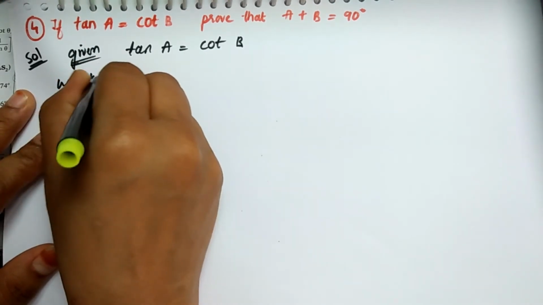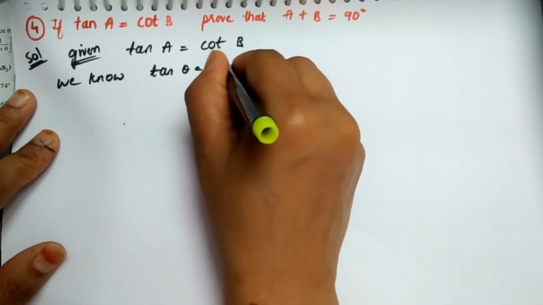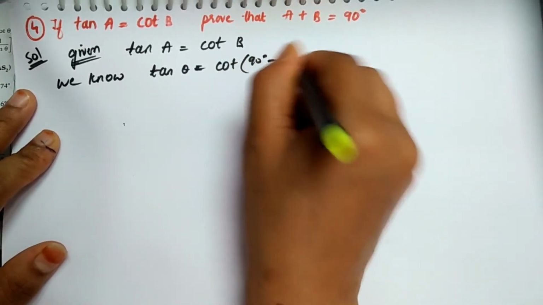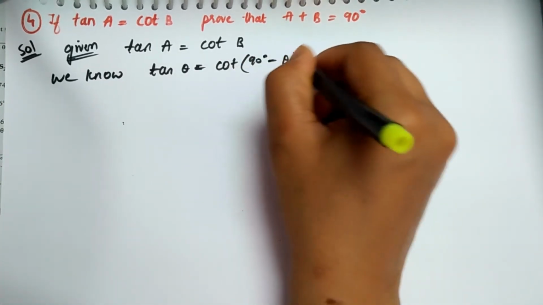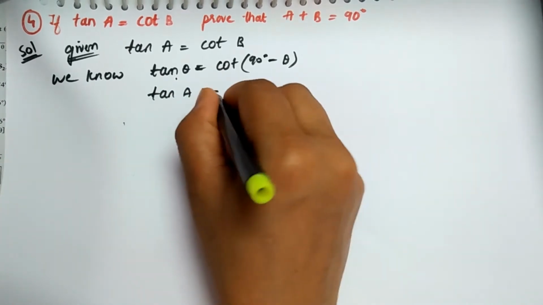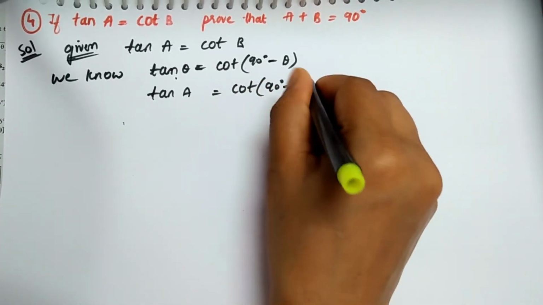We know that tan theta equals cot of 90 degrees minus theta, right? So tan A is equal to cot of 90 degrees minus A.